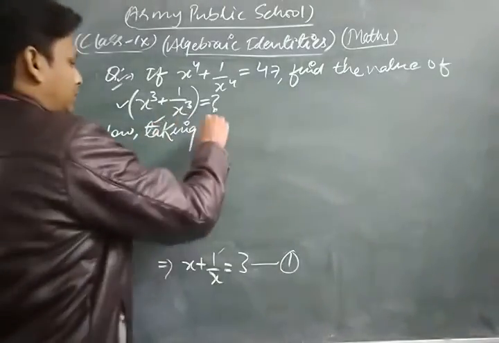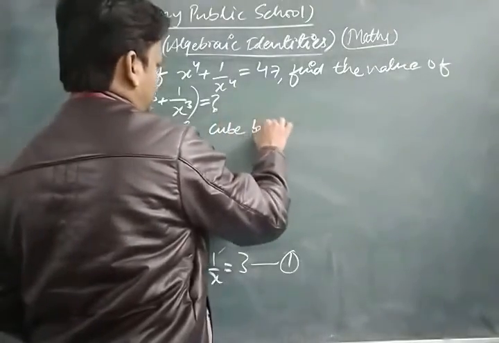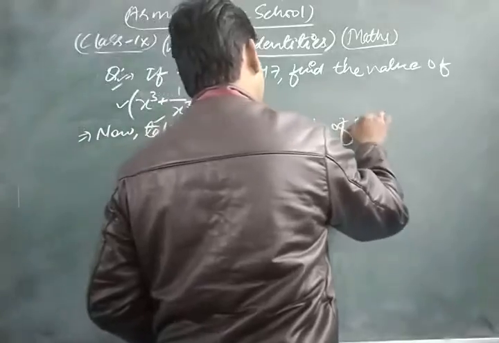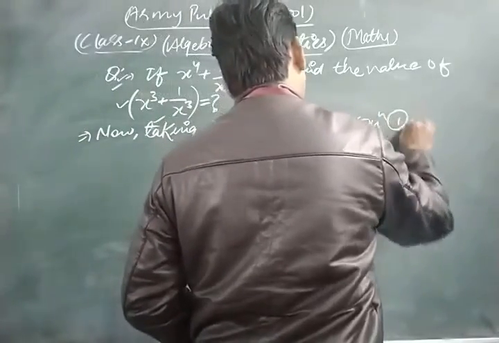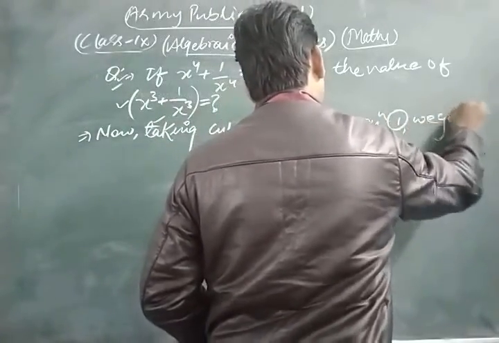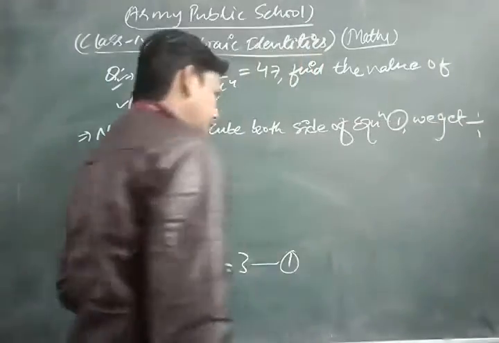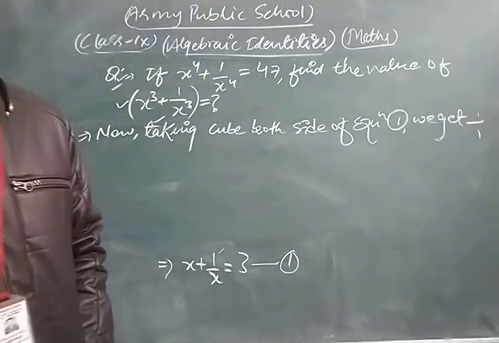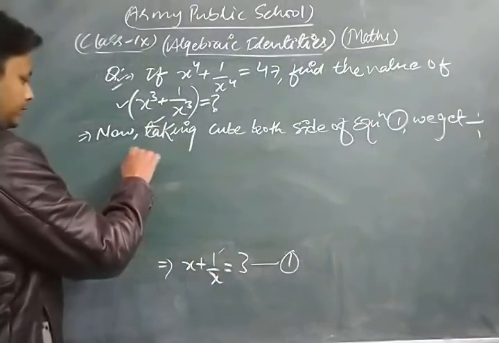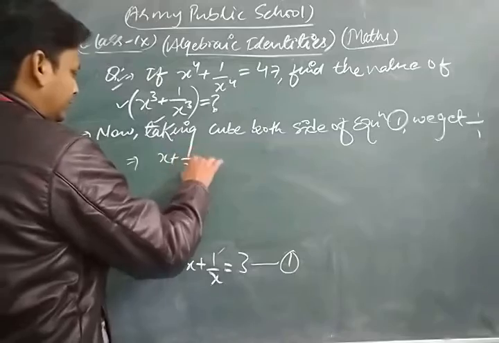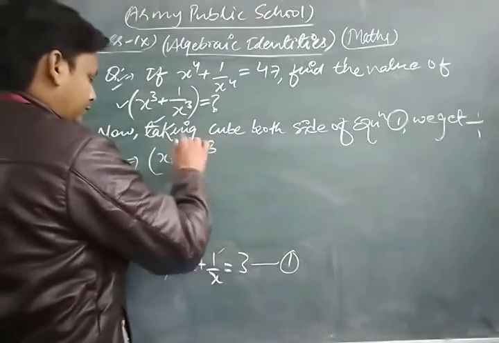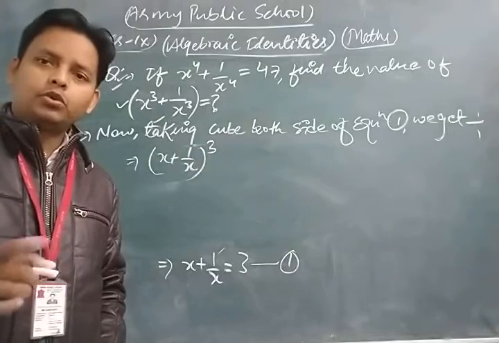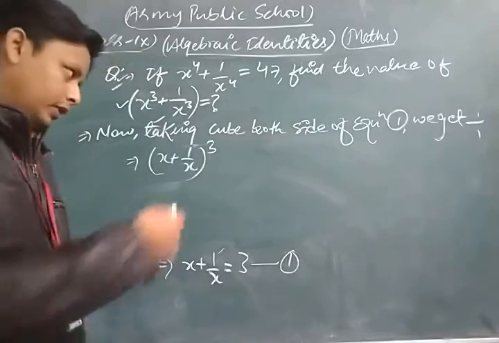Now taking cube both sides of equation 1, we get, look, x plus 1 upon x whole cube. Okay. So a plus b whole cube means what? a cube plus b cube. Now we apply the identity.